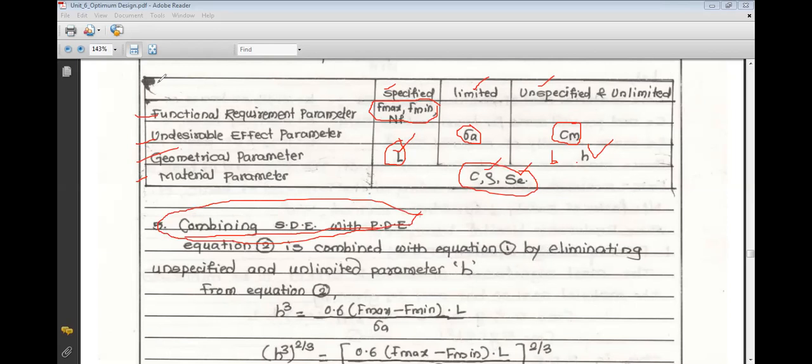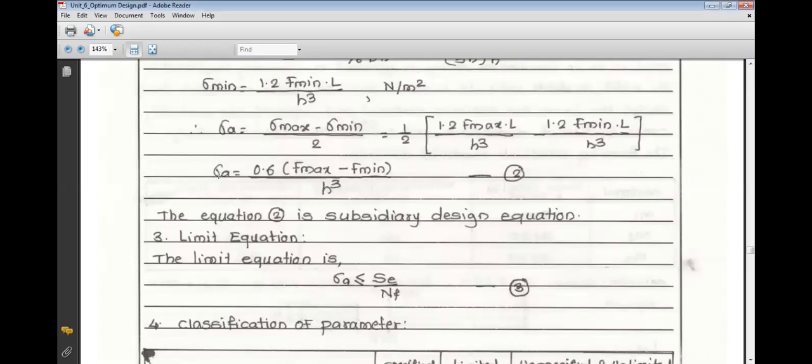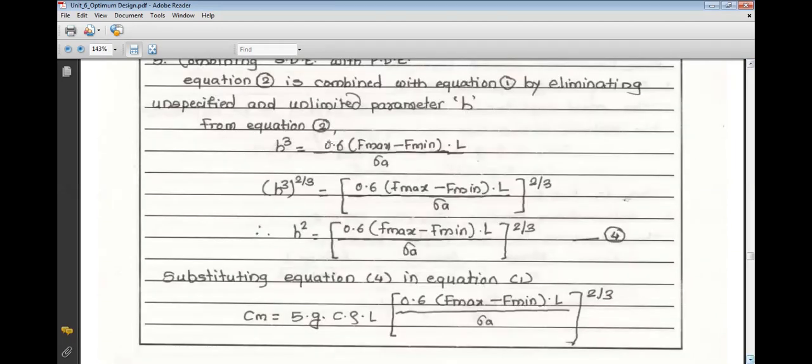From equation 2, the subsidiary design equation, we can write h cube as 0.6 into (f max minus f minimum) into L upon sigma A. We have just interchanged sigma A and h cube: sigma A goes from this side to the other as a divisor, and h cube from the denominator goes to the left hand side.